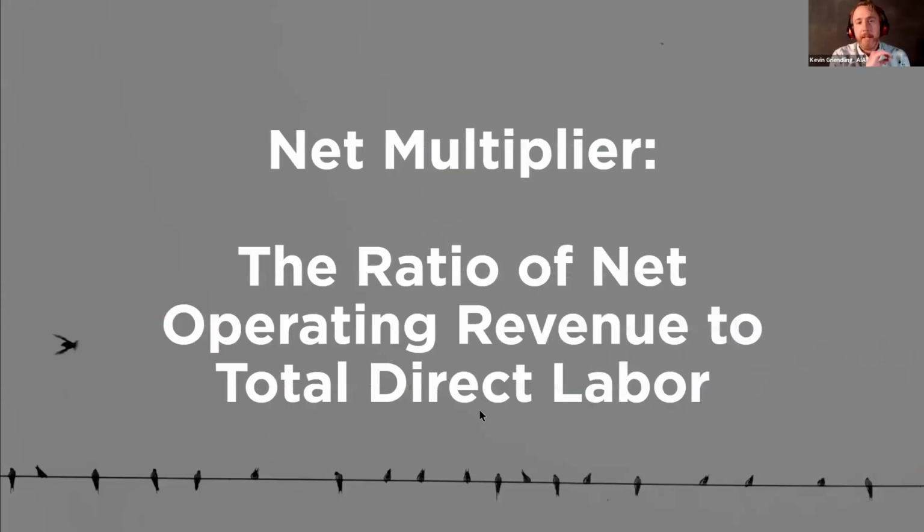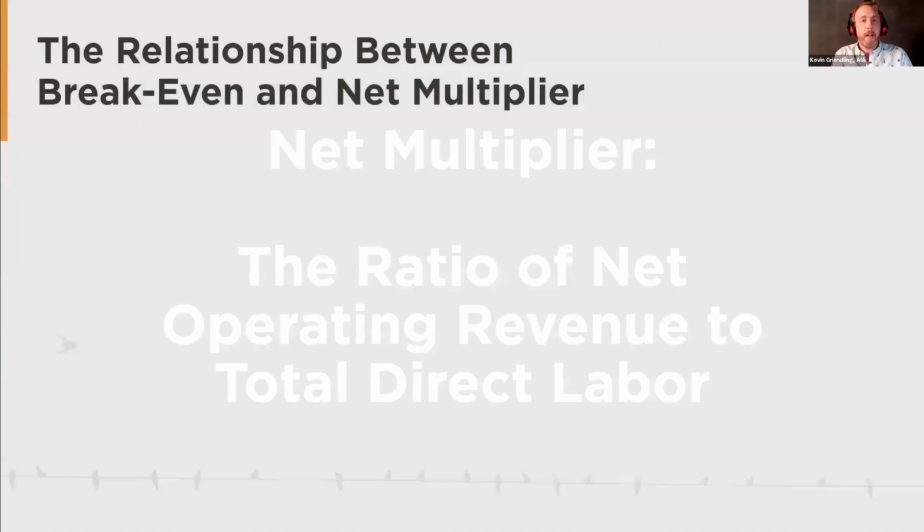All of this is getting to a point of understanding the net multiplier. The net multiplier is essentially what most firms use to identify what they bill. So if I pay someone $25 an hour and I have a multiplier of 2.0, I need to charge $50 for that person. That net multiplier is the ratio of your operating revenue to your total direct labor.